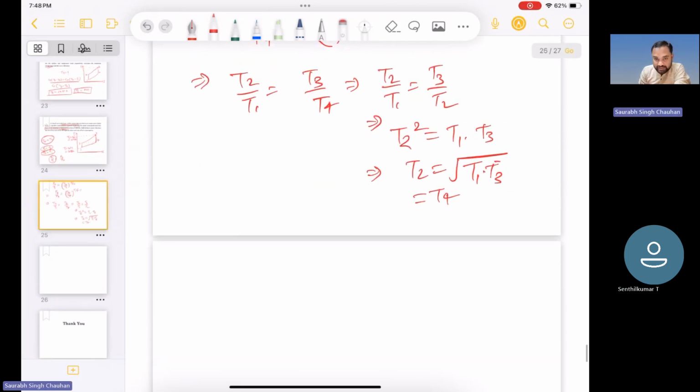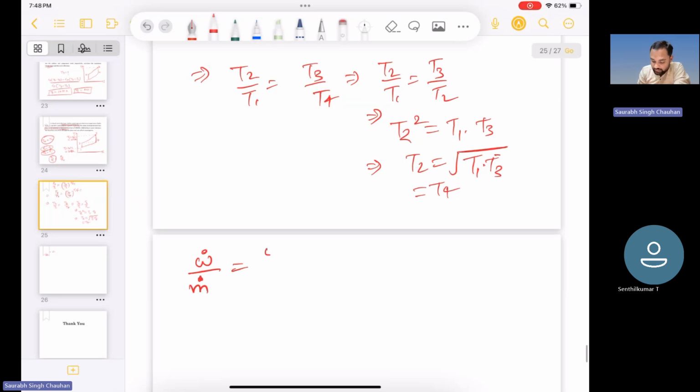So what we need is to calculate the mass flow rate of the air through the power plant. The net work output per unit mass of air will be equal to the work output of the turbine minus the compressor work. Just write the real values.